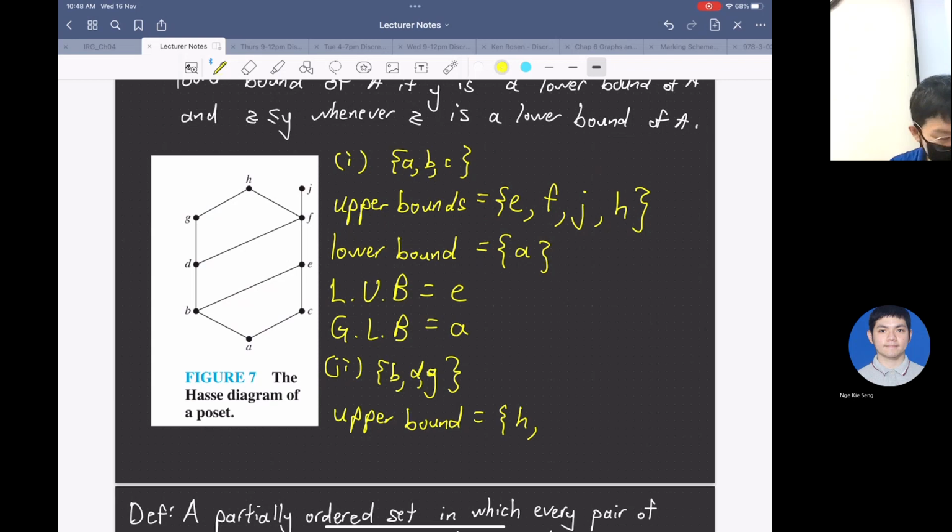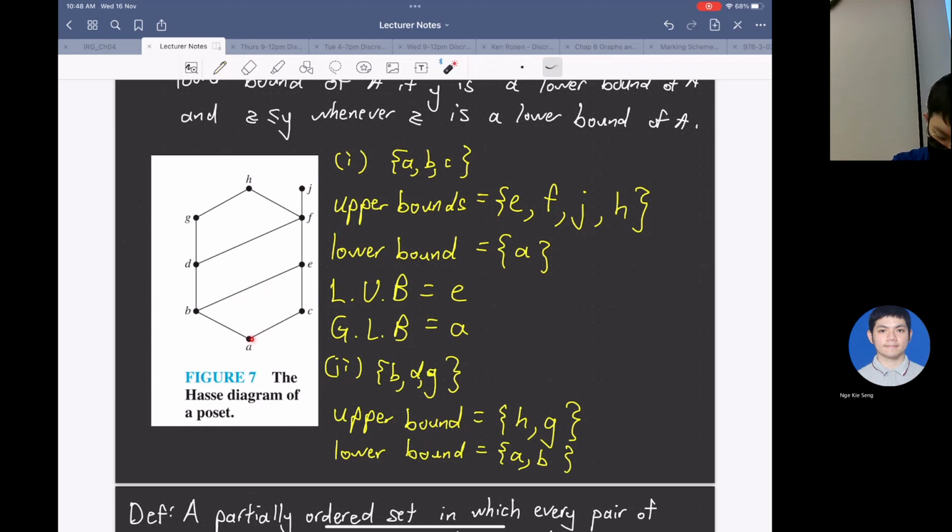G. G is greater than or equal to G, and greater than or equal to D, so G is in here. I think that's all. How about lower bounds? A and B. Anything else? No, because of the lines here.